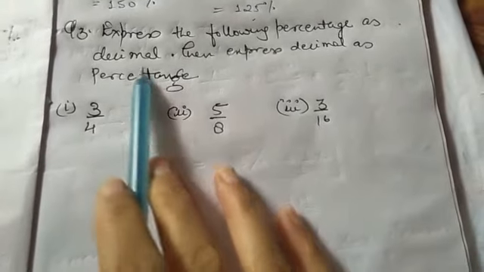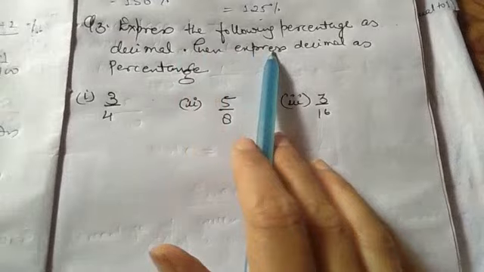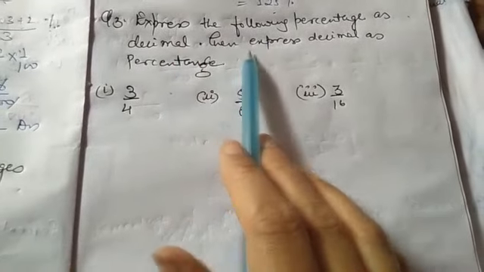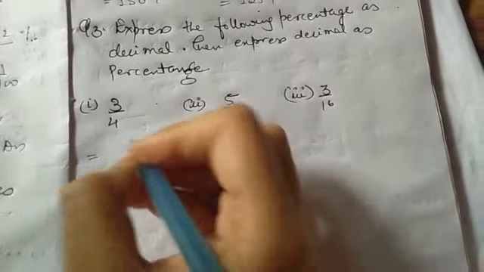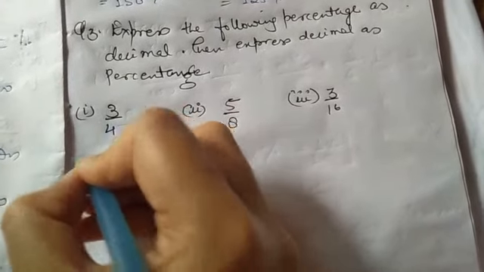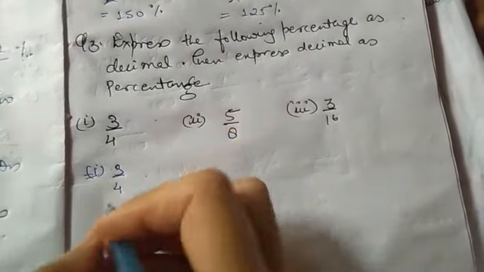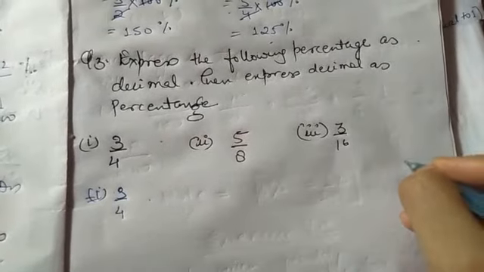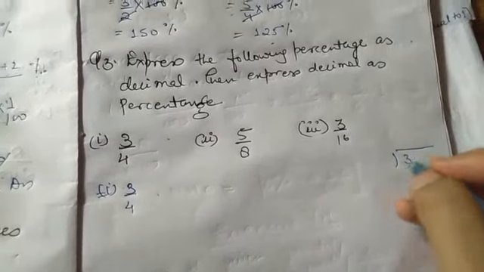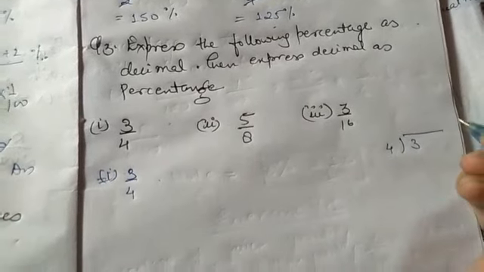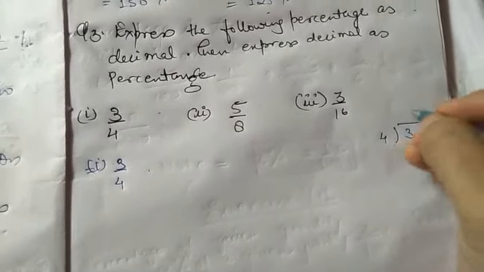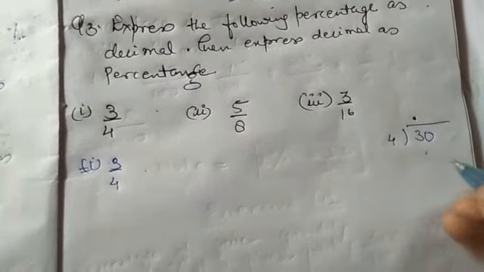Look at this third question. It says express the following percentages as decimals, then express the decimals as percentages. So first, all we need to do is convert these numbers into decimals. For decimals, what am I supposed to do? I will divide 3 by 4. 4 7s are 28. I will put a decimal here, 0 is raised.